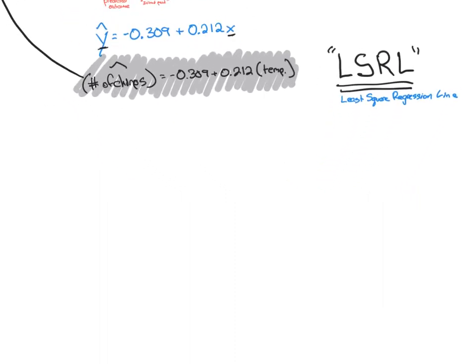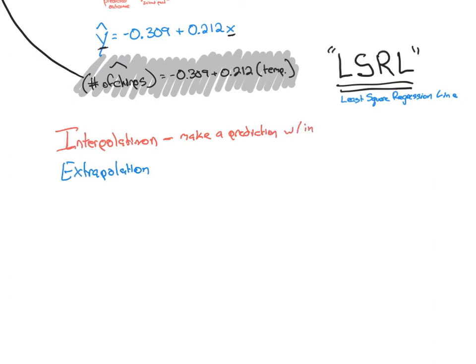You can make an interpolation, or you can make an extrapolation. So interpolation means make a prediction within the current data.